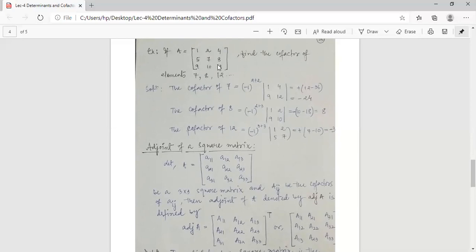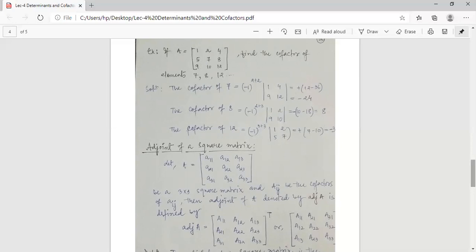Delete this row and this column, and find the determinant value of 1, 2, 5, 7. It is 1 into 7, 7, minus 5 into 2, 10, so it will be negative, minus 3. This way we can find the cofactor of every element of the given matrix A.